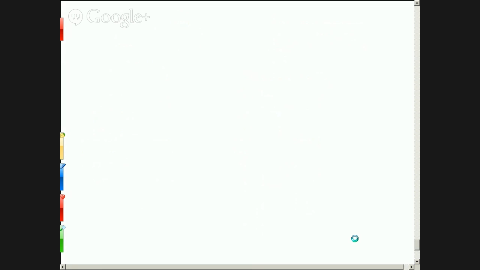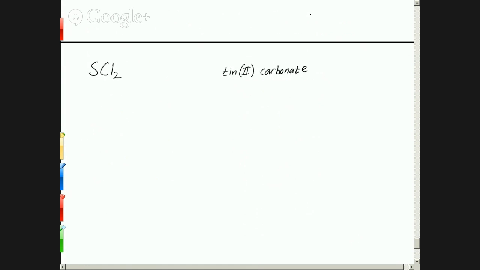All right, a couple more, we'll call it a night. All right, here's a formula, and then a name. Let's see if we can get a name for the formula on the left and a formula for the name on the right. I have to look that one up.